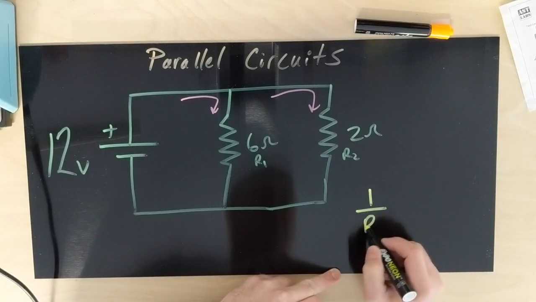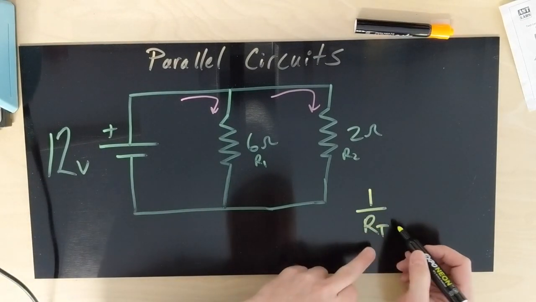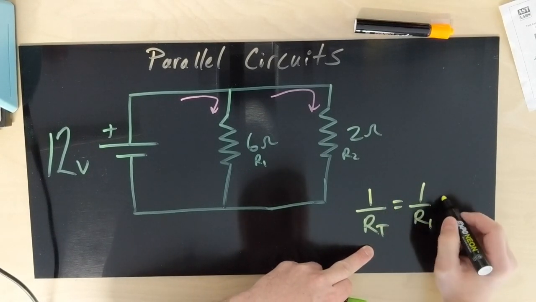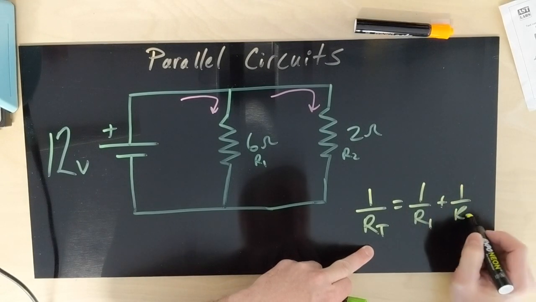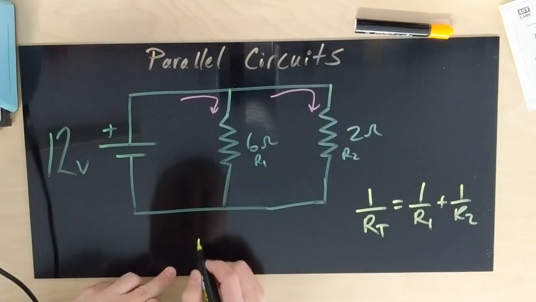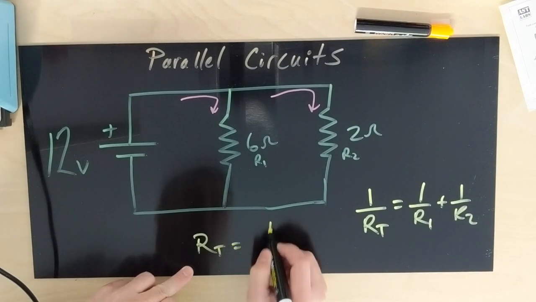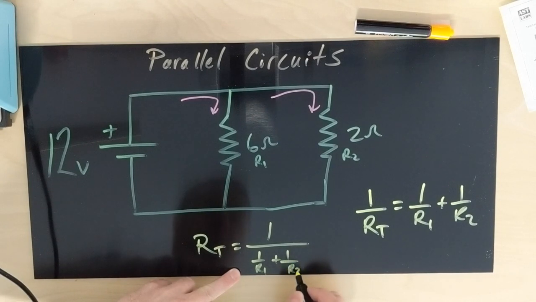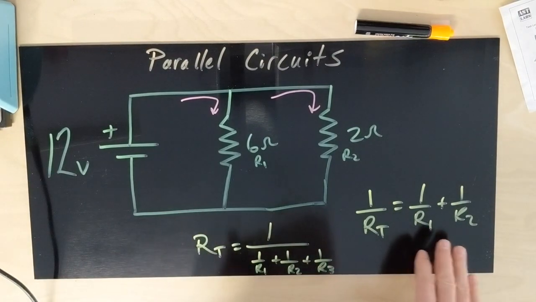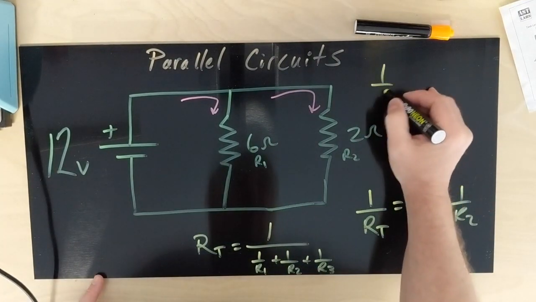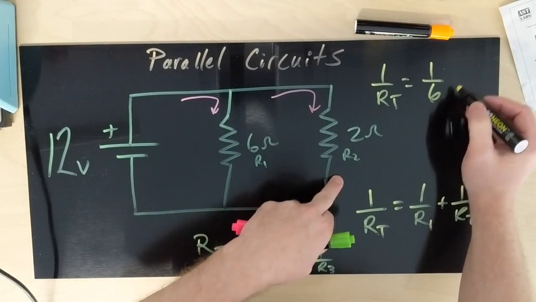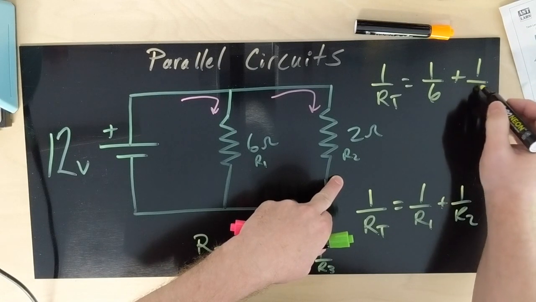1 over RT, or total resistance, is equal to 1 over R1 plus 1 over R2. It can also be written like 1 over RT is equal to 1 over R1 plus 1 over R2 plus 1 over R3, and so on. So as we look at this illustration, 1 over RT is equal to 1 over 6 plus 1 over 2.